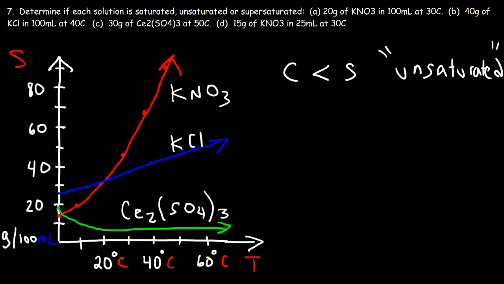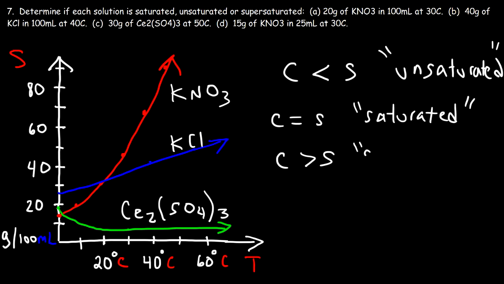So this favors dissolution. Whenever the concentration is equal to the solubility, then you have a saturated solution, which is in equilibrium between the aqueous phase and the solid phase. And whenever the concentration is greater than the solubility, you have a supersaturated solution. This favors precipitation. If you add a seed crystal, it can crystallize the whole solution.